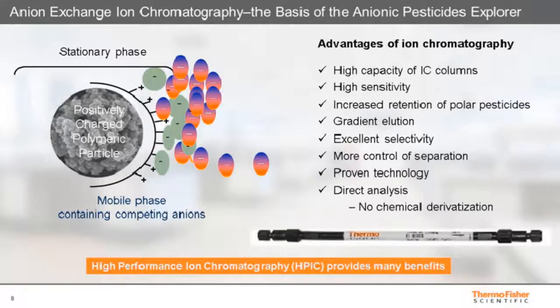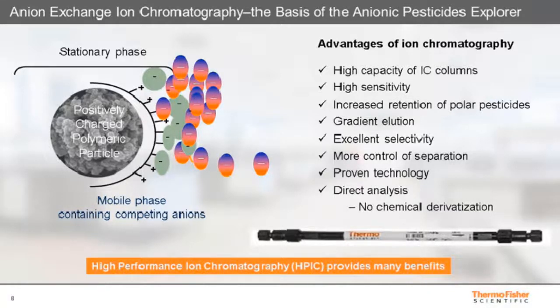Usually the competitive polarity between target analytes and mobile phase toward the active sites on the stationary phase generates the delay of target analytes and the chromatographic separation. In ion chromatography, the typical eluent or mobile phase is potassium hydroxide. Just by increasing the eluent concentration, it's possible to push the analyte ions and get the separation completed.